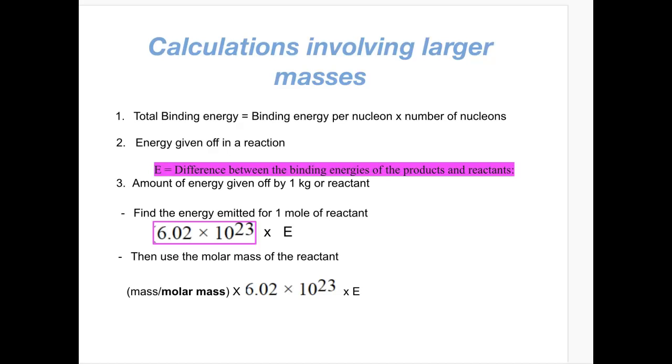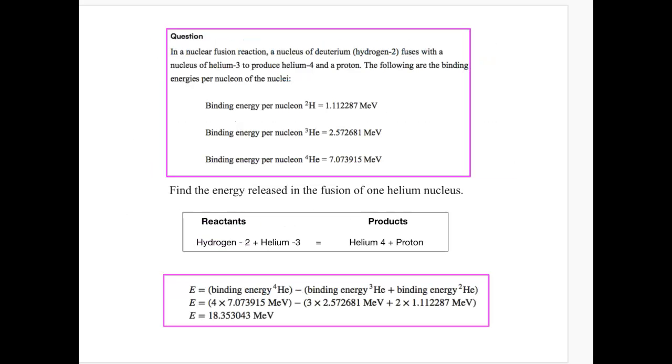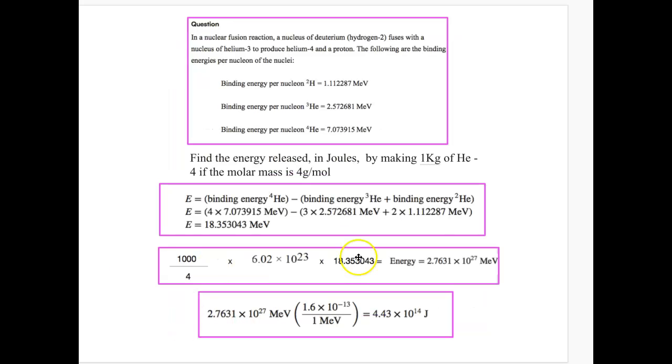Let me apply this to the previous question, which goes on after you've worked out the energy in one reaction, then goes on to ask, well, if you have 1 kilogram of helium, if you make 1 kilogram of helium and the molar mass is 4 grams per mole, how much energy will be released in joules? Well, you find out how many 4s go into 1,000, and that tells you how many moles there are in a kilogram.